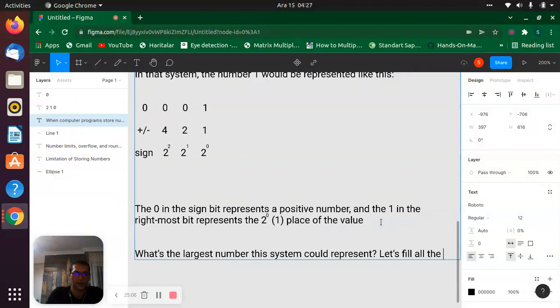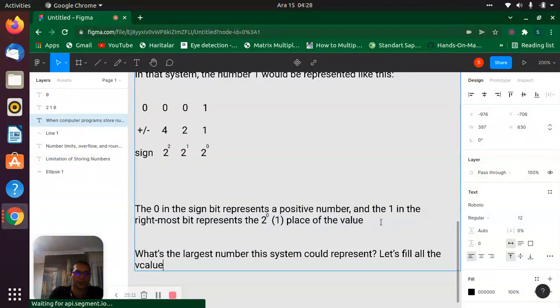Let's fill all the value bits with 1 and see.